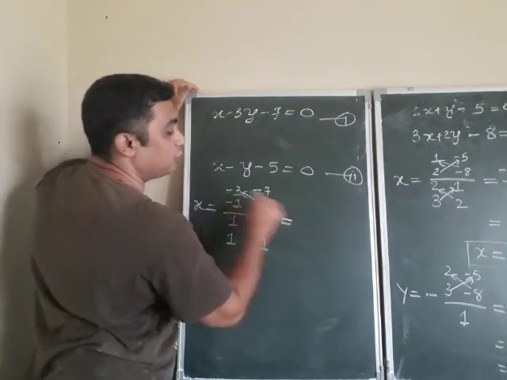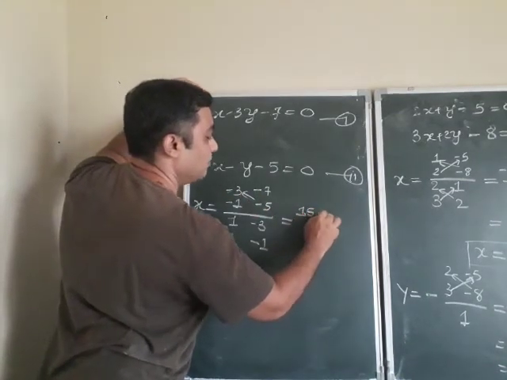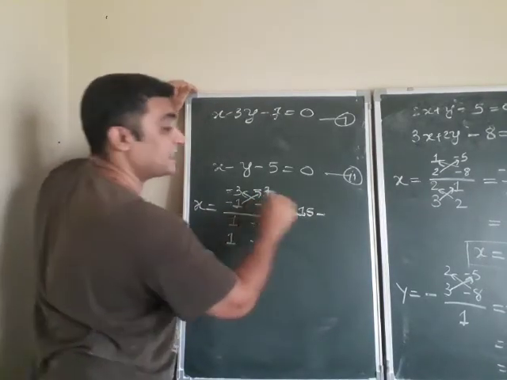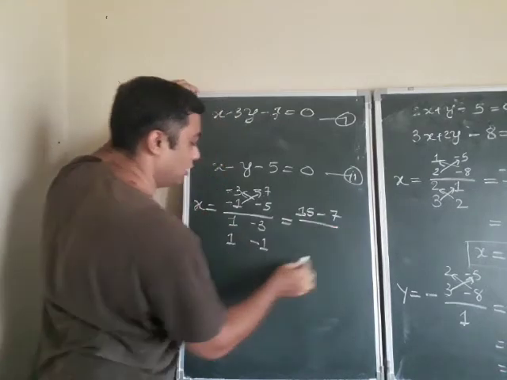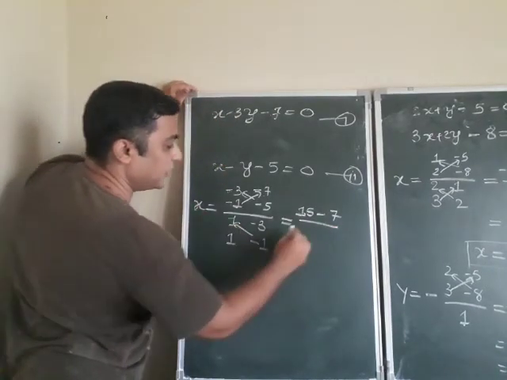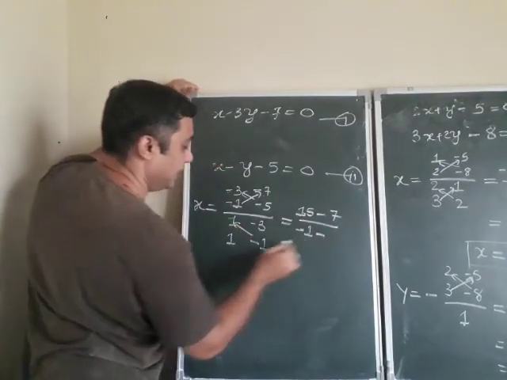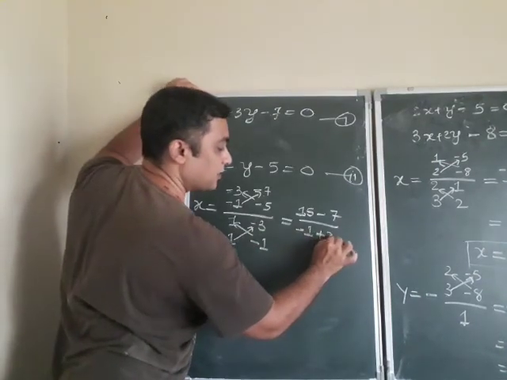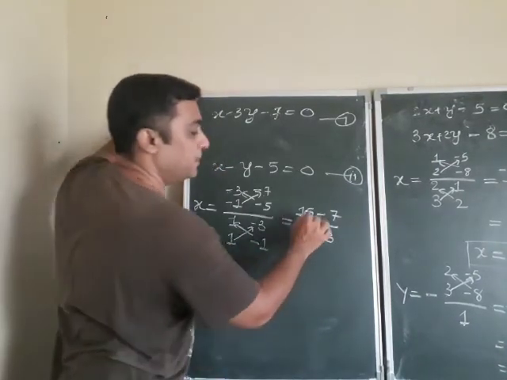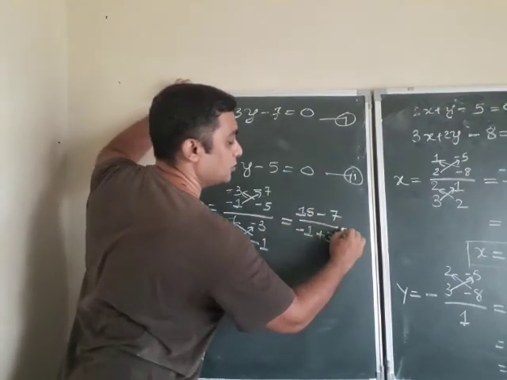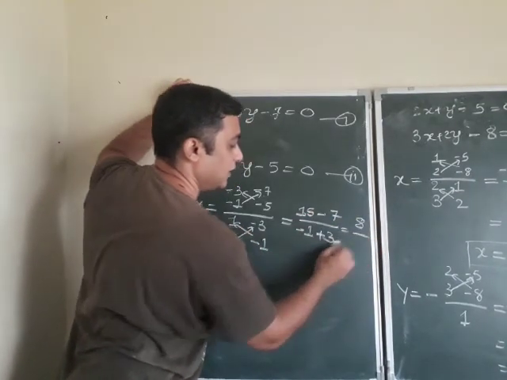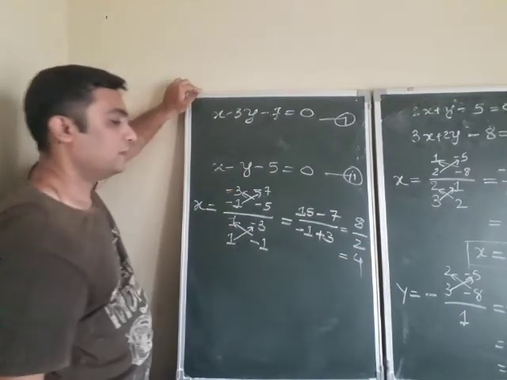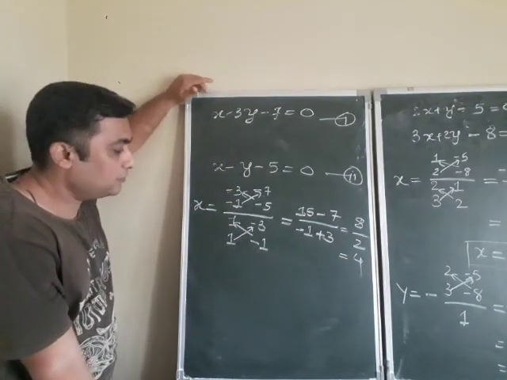So minus 5 into minus 3 is 15, minus this into this, minus 1 into minus 7, 7, upon 1 into minus 1 minus 1 into minus 3, minus 3, minus plus. Okay. 15 minus 7 is equal to 8 and 3 minus 1 it's a 2, 8 by 2 is 4. X is clear, it's a 4.